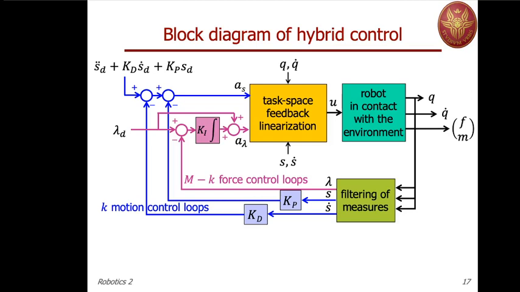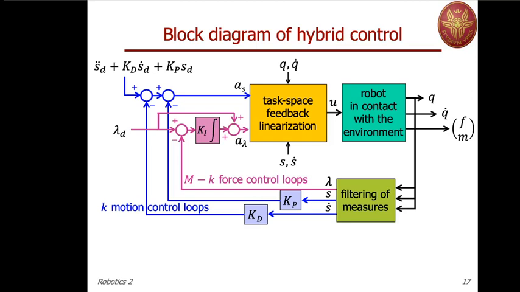So, for instance, for the M minus K force control loops with the diagonal and positive Ki, we are generating A_lambda with the desired component lambda desired of the parametrization of forces and torques at the contact, plus the integration of the error between lambda d and lambda. And this is represented by the violet loops, and there will be M minus K force loops in general. M equals 6 is the standard case.